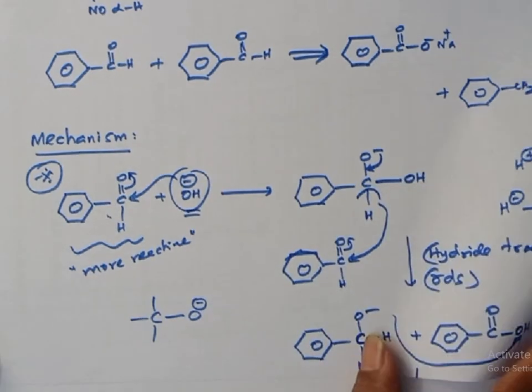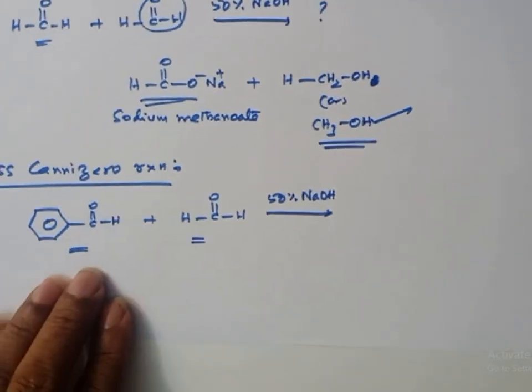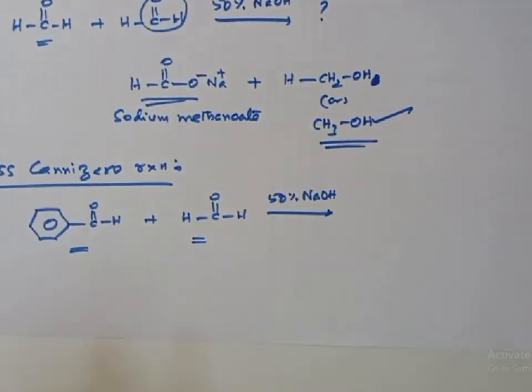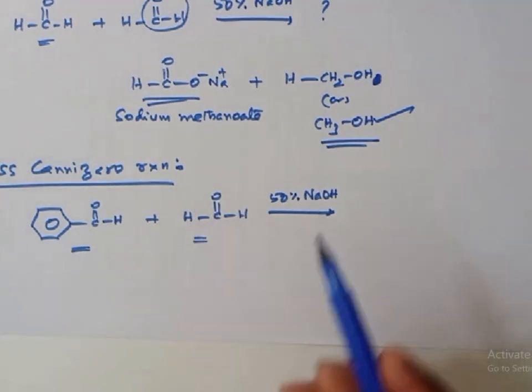Okay. So now we have two aldehydes here. Which one can undergo nucleophilic addition faster? Out of these two, students. I have given the list already. Formaldehyde, right? Yes, sir. Formaldehyde undergoes nucleophilic addition reaction faster.